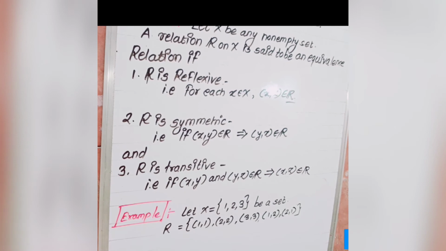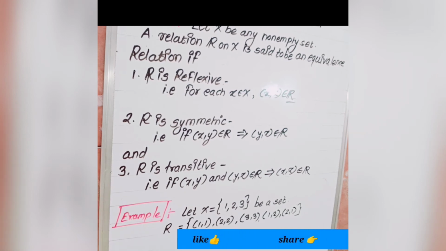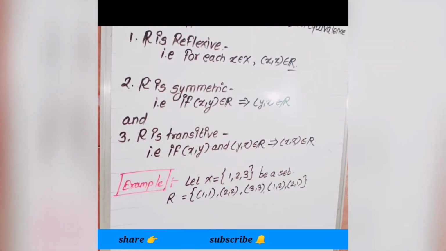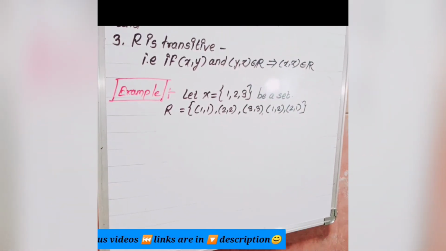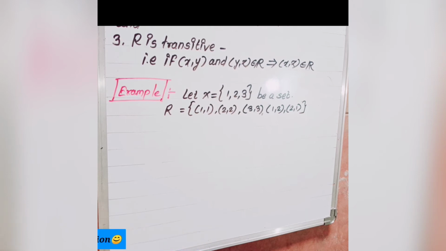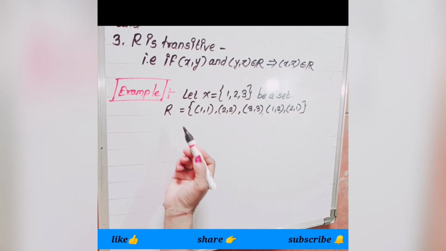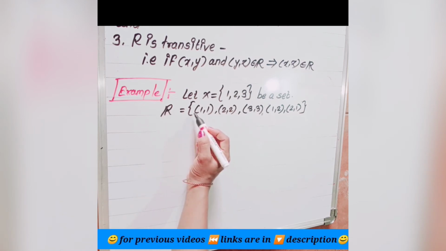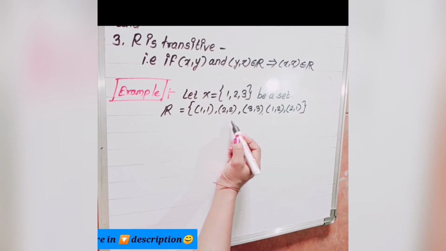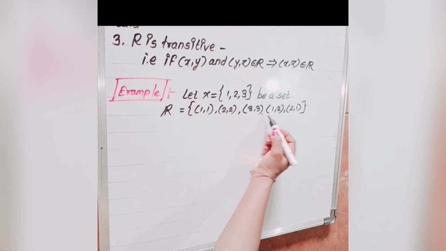The example says that we consider the set X = {1, 2, 3} and R a relation on that set, which is defined as R = {(1,1), (2,2), (3,3), (1,2), (2,1)}.